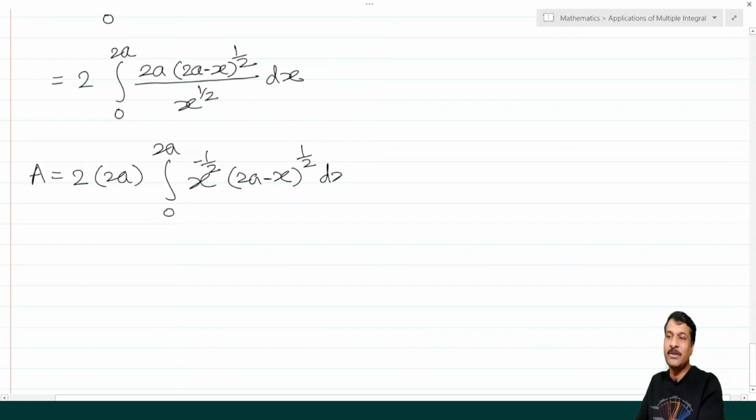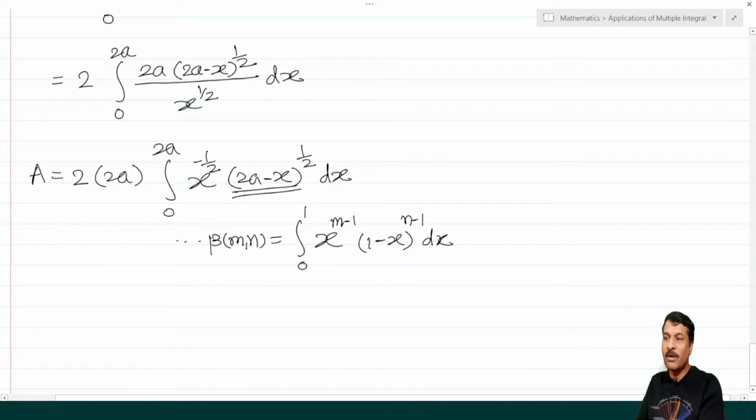And here I will use the beta function. So what is beta? We know beta of m, n equals the integration from 0 to 1 of x raised to m minus 1 into (1 minus x) raised to n minus 1 dx. Here I want 1 minus x, and that is why I will substitute x equal to 2at. So what is dx?